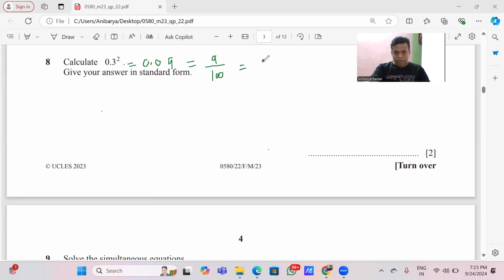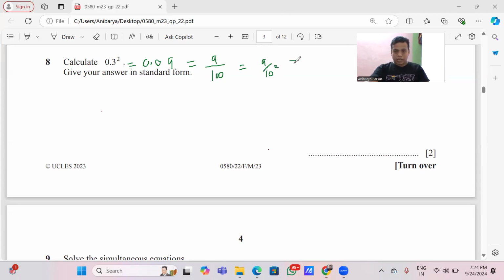So we can write it as 9 by 10 to the power 2.